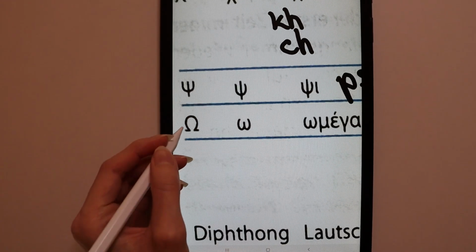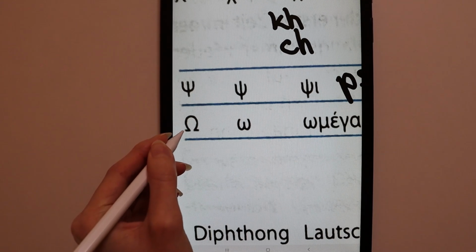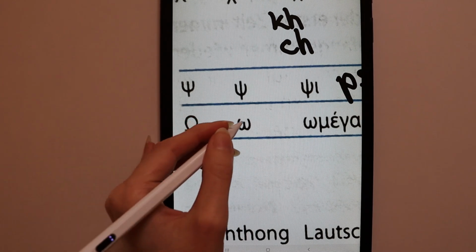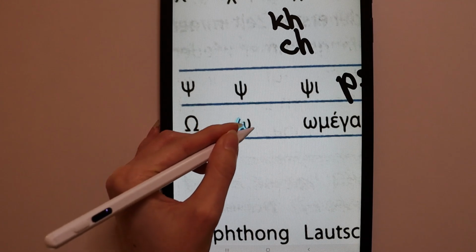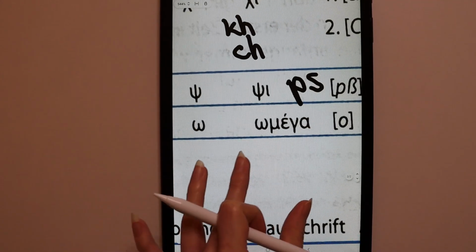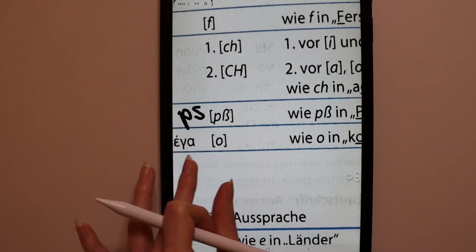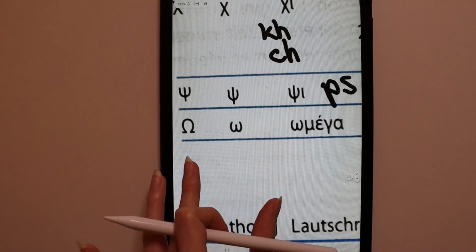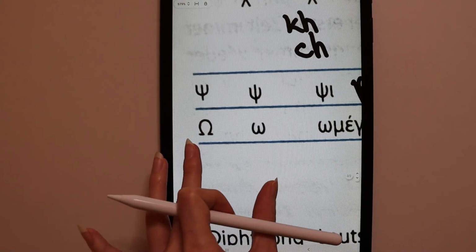Now we have omega. It's an O sound, omega. And I don't know what the difference between Omicron and omega is. I have no idea.